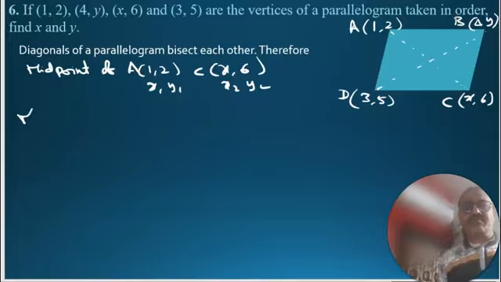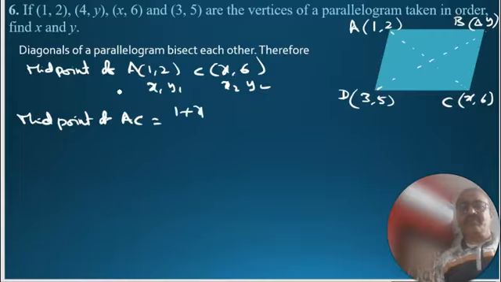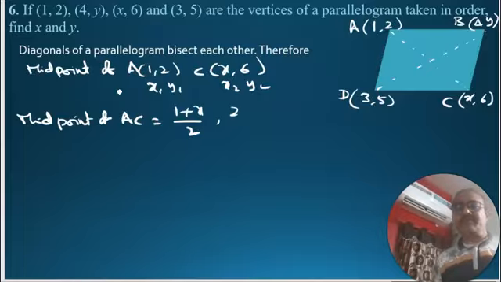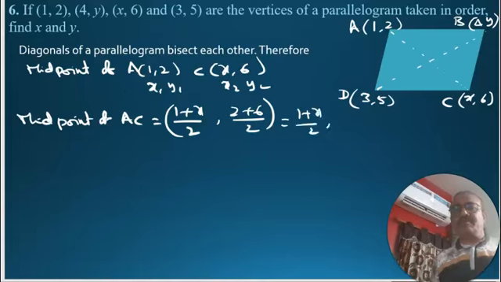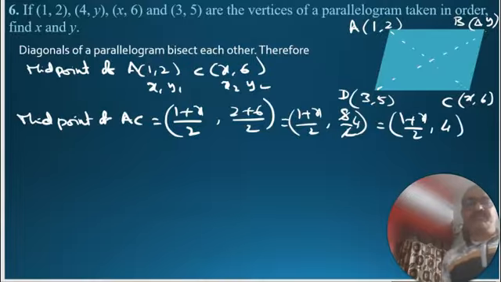Now midpoint of AC is equal to ((x1 + x2)/2, (y1 + y2)/2) = ((1 + x)/2, (2 + 6)/2) = ((1 + x)/2, 8/2) = ((1 + x)/2, 4). This is the midpoint of AC.